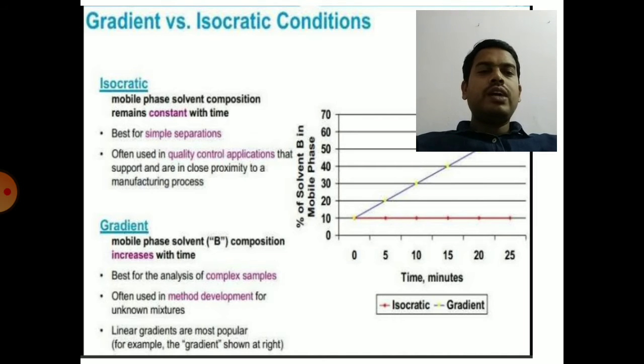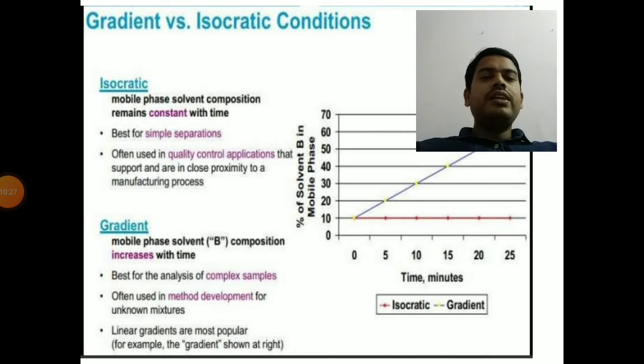Then how will you elute the sample particles from the column? As I mentioned, the elution process uses the buffers mentioned in the previous slide and different chemical compounds as solvents for the elution of the sample particles. Generally, this elution process is carried out by two different mechanisms: isocratic elution and gradient elution.